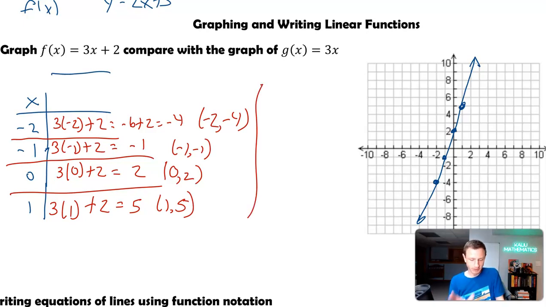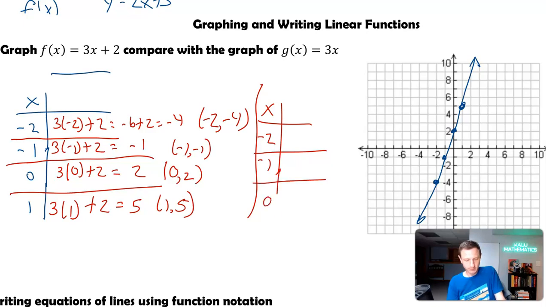Let's do the next one. We want to graph g of x and notice the differences here. I'm going to use the same x values: -2, -1, 0, and 1, and we'll talk about what happens. When I plug in 3 times -2, that is -6.